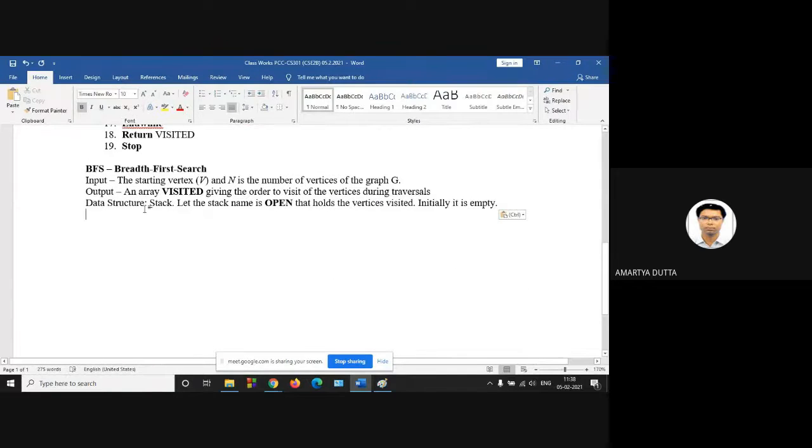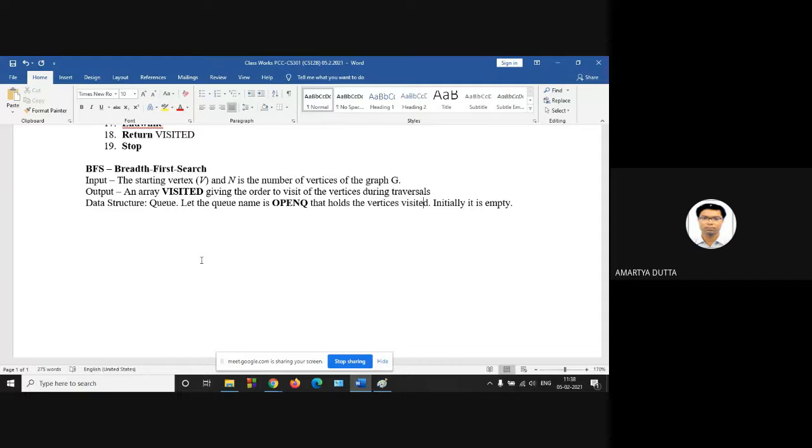So the data structure used here is Q. Let the Q name be open queue that holds the vertices visited.